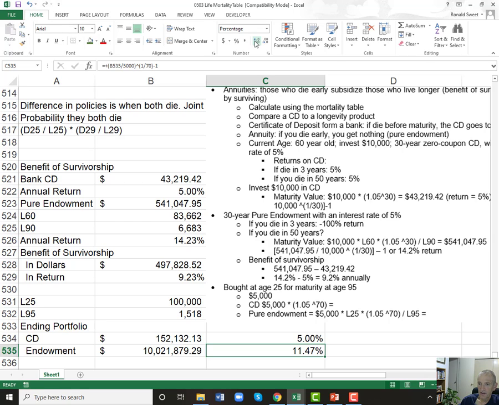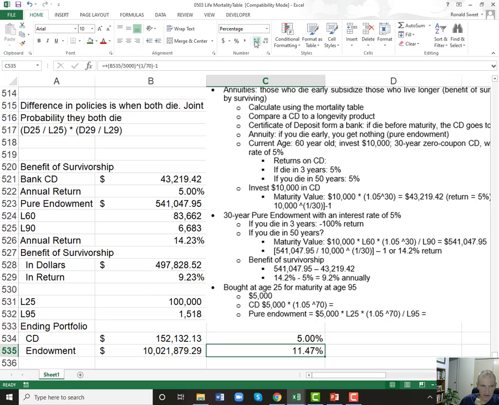Pretty amazing return. The dollars look much bigger, but the return doesn't look as big. The difference in return is huge, and it really has to do with the compounding over time having a bigger impact on the dollars than it does on the return. But still, that's a huge benefit.